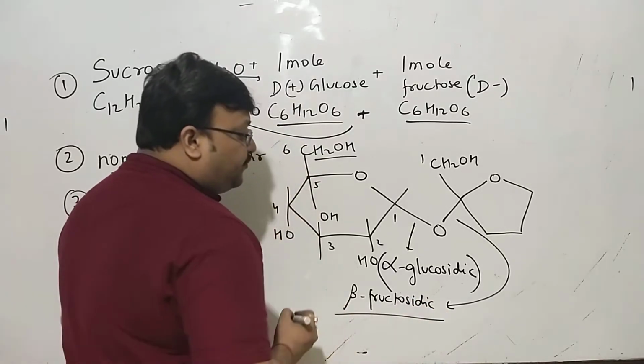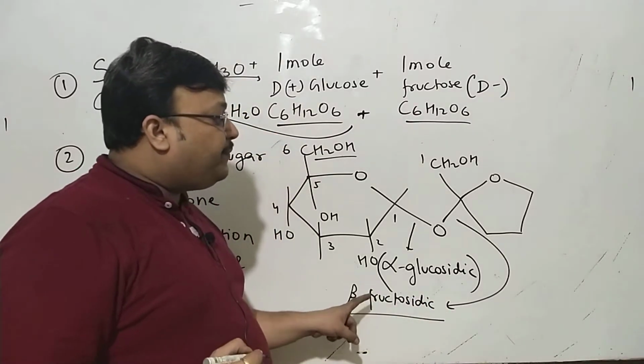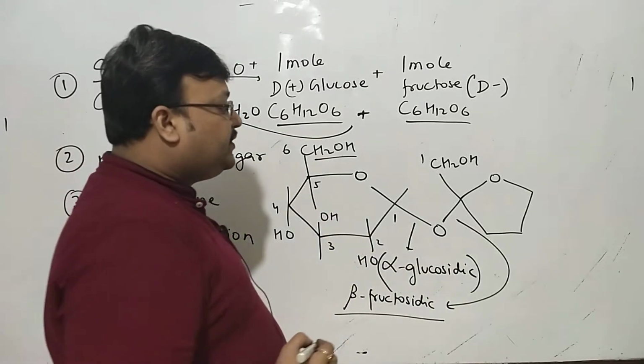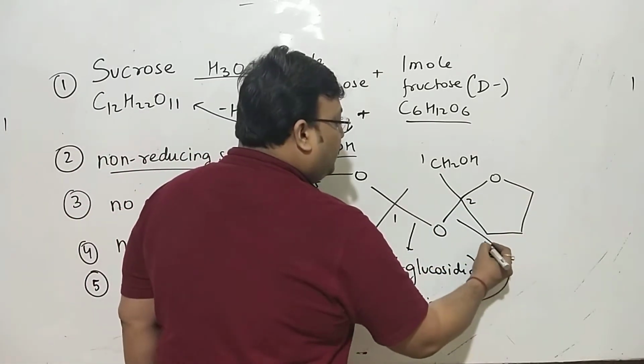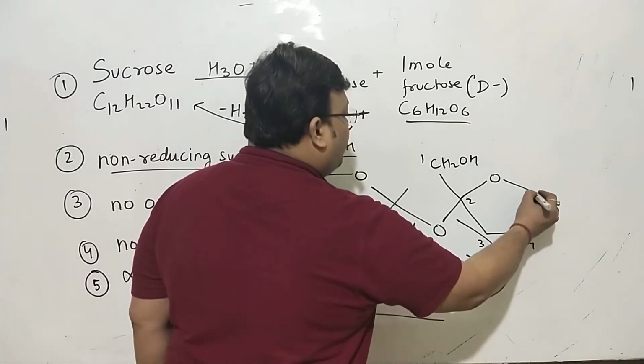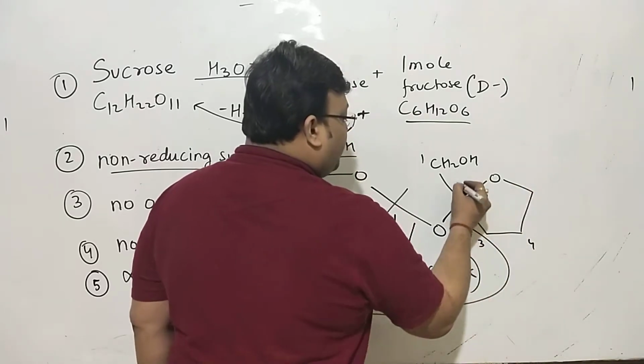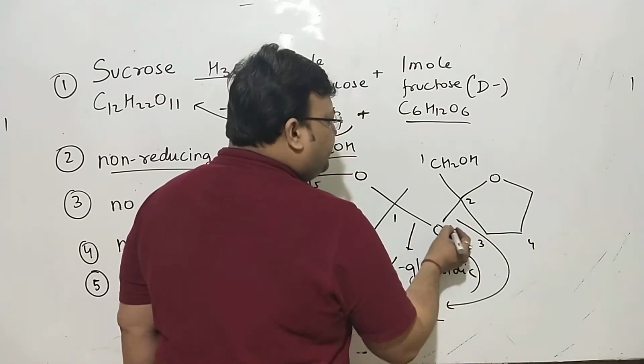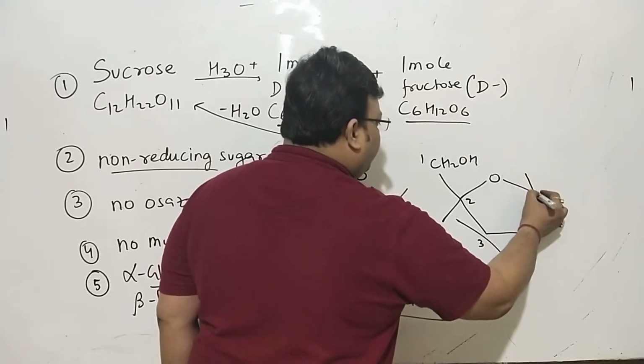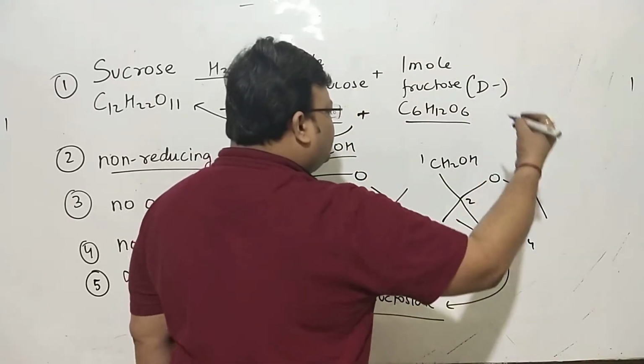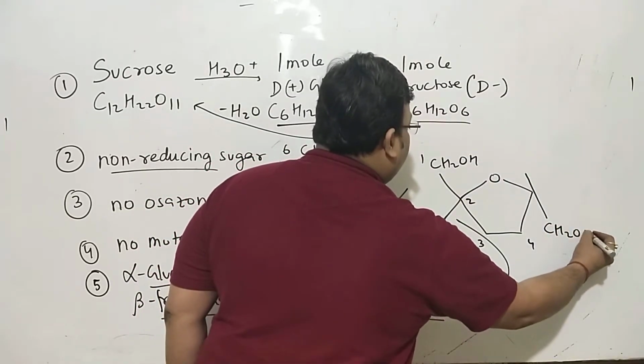If this is carbon 2, at carbon 5, because I need to be beta, if this is below, I'll have to bring a change. I've always been drawing CH2OH up. Now I'll want to draw CH2OH down.